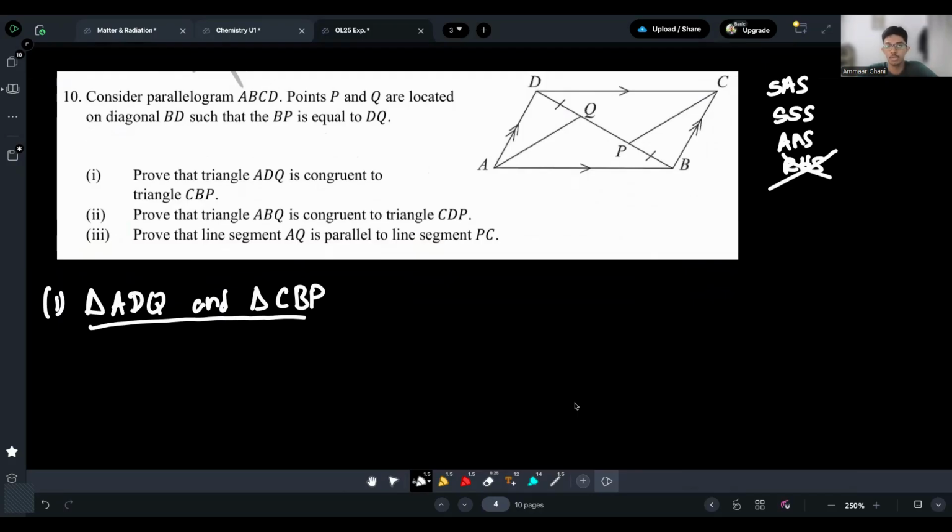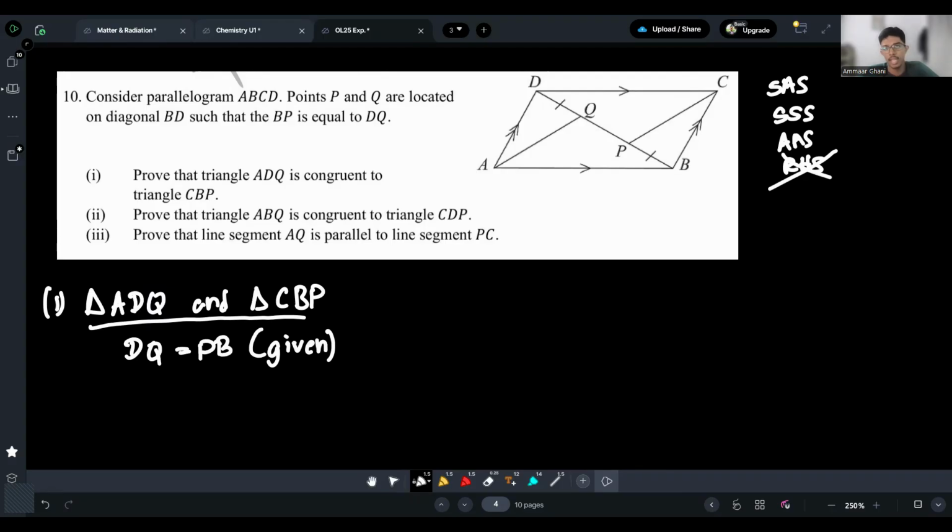Then from triangle ADQ, before AD we'll start with the data which they have given. DQ is equal to PB. Why? They have given.